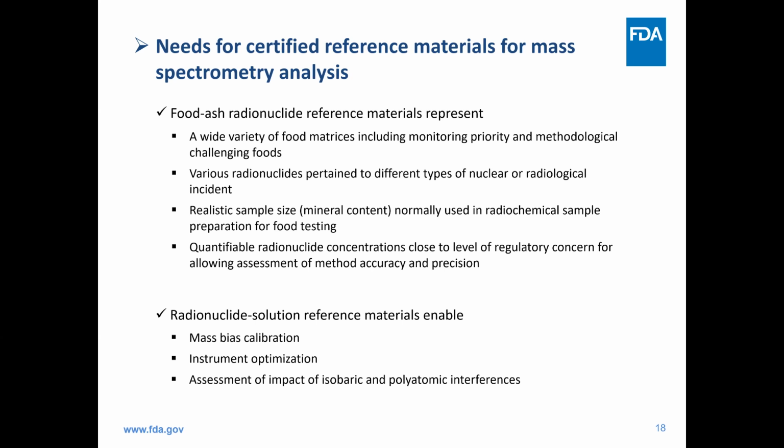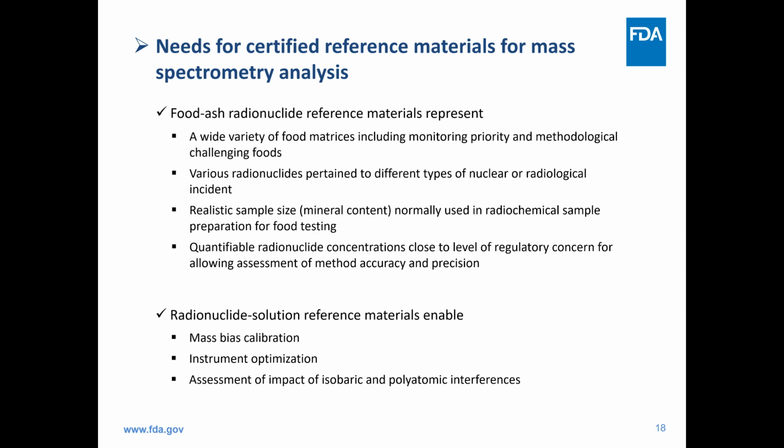Realistic sample size is important, especially the mineral content, because radiochemists ash food samples down, and whatever is left over is the minerals. So we need this kind of chemical matrix to challenge the chemical separations, to make sure we can have a decent recovery and take care of the interferences. So that's important.